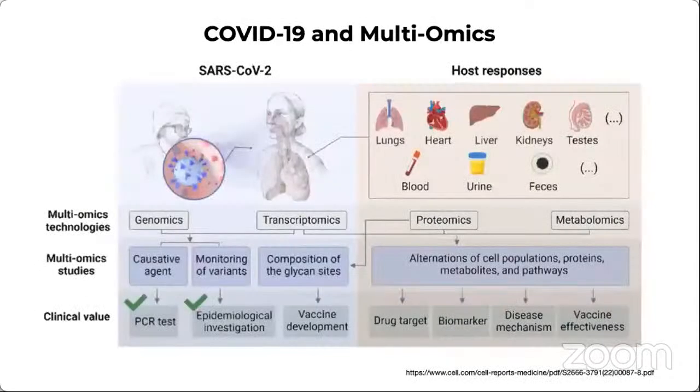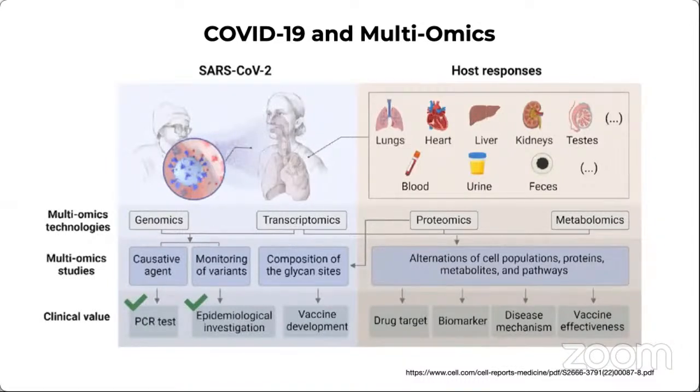We also get an overview of what is currently being studied and clinically valued in the current pandemic scenario. For example, we place a lot of value on genomics and transcriptomics data about SARS-CoV-2, and from the virus's point of view, mostly the genomics data is considered really informative.